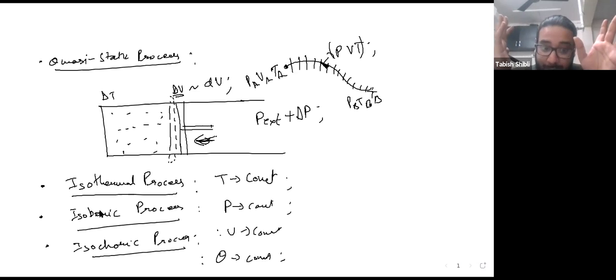You can also have a process in which the energy is also changing, and all of these three things are changing, but that is a very difficult thing to analyze, simply because it is not in equilibrium, and hence to define all these variables is very difficult. It's essentially impossible. With Q constant, we call it an adiabatic process.